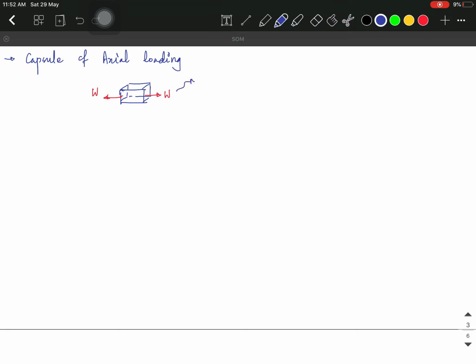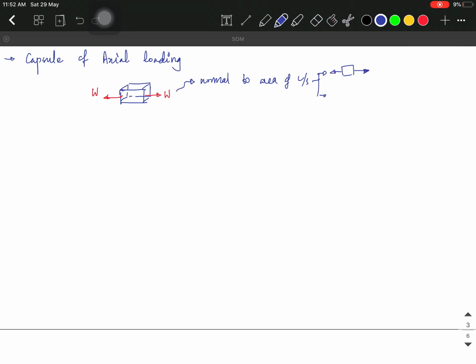So the load is normal to the area of cross section.